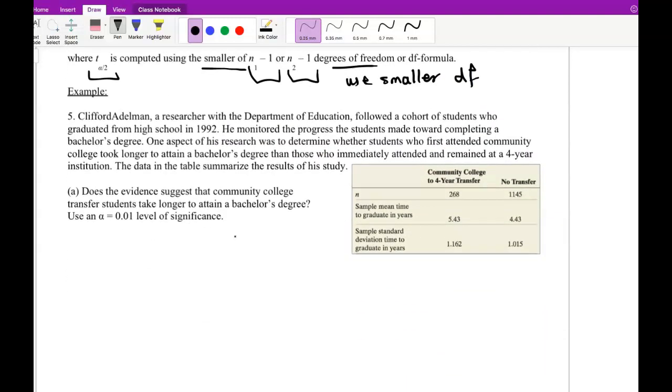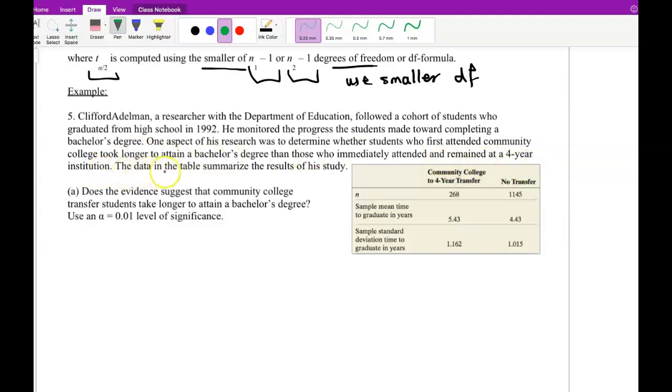Okay, example. A researcher monitors the progress students made toward completing a bachelor's degree. He wants to determine whether students who first attended community college took longer to attain a bachelor's degree than those who immediately attended and remained at the 4-year institution.